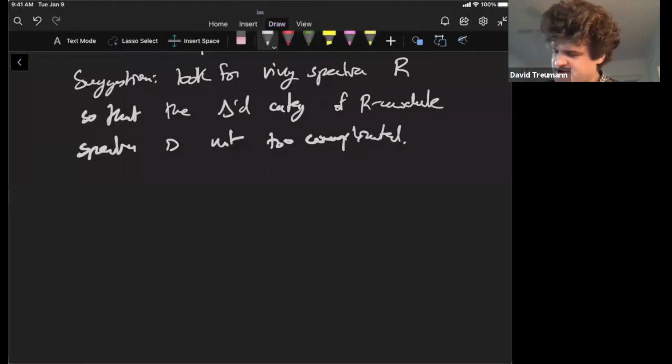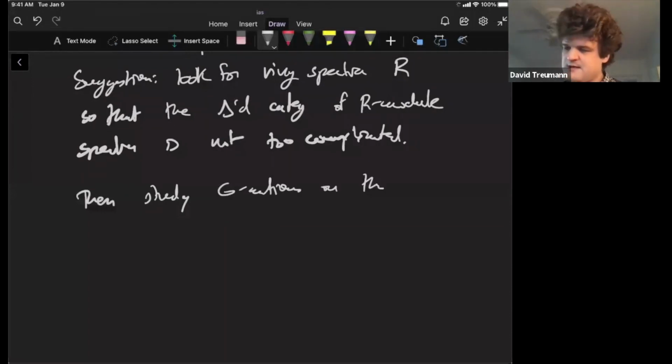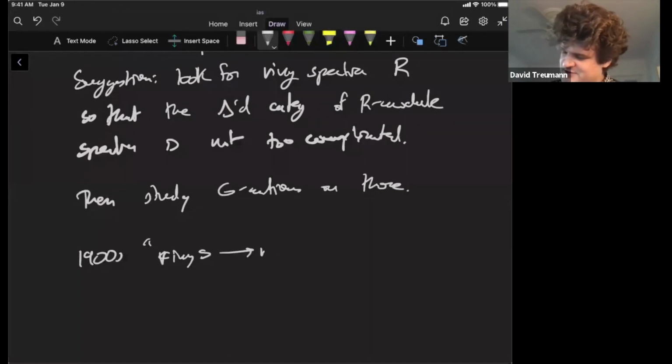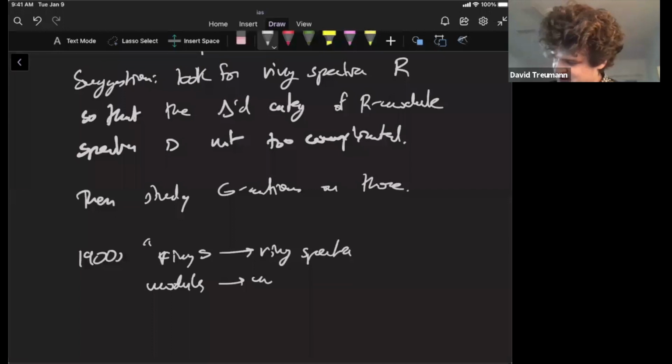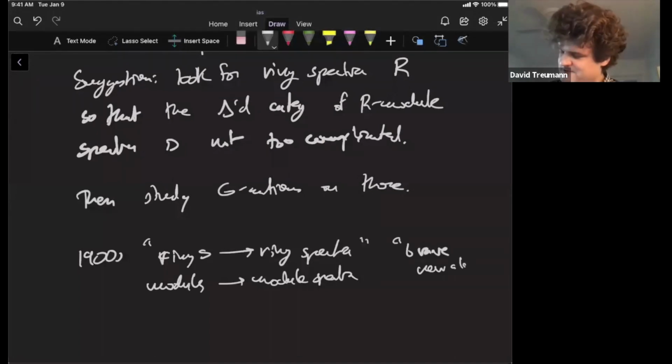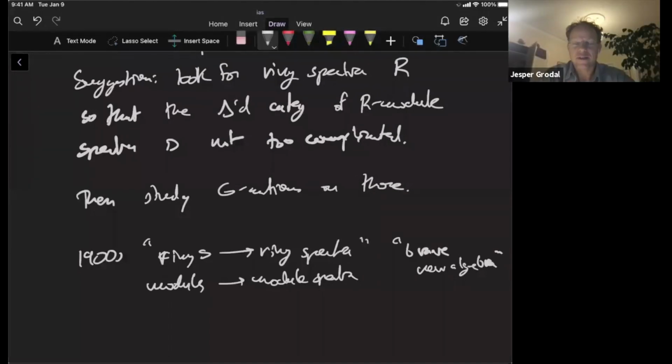Then study G actions on those. In the 1900s, changing rings to ring spectra and modules to module spectra was called brave new algebra, by Waldhausen.